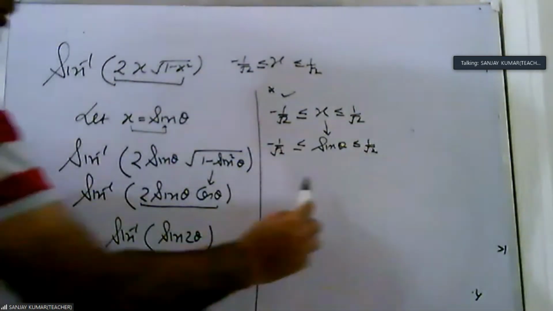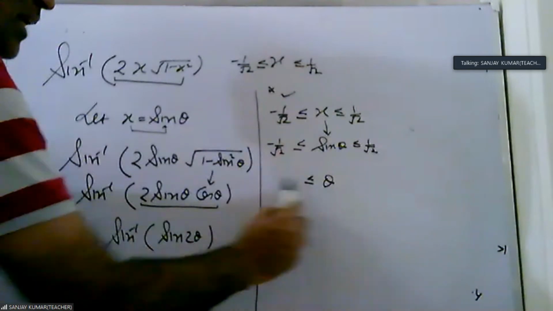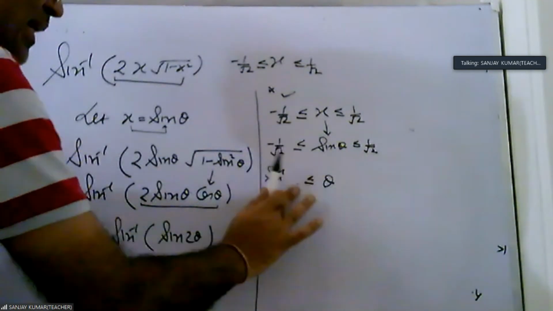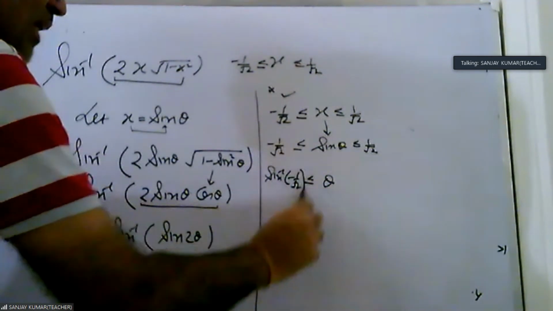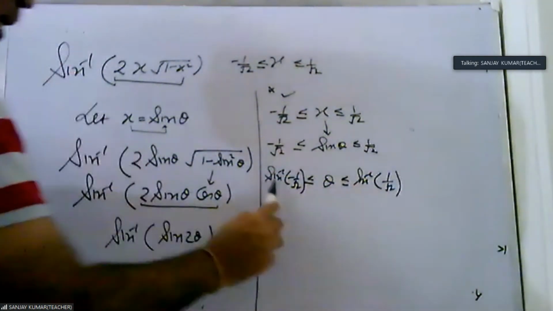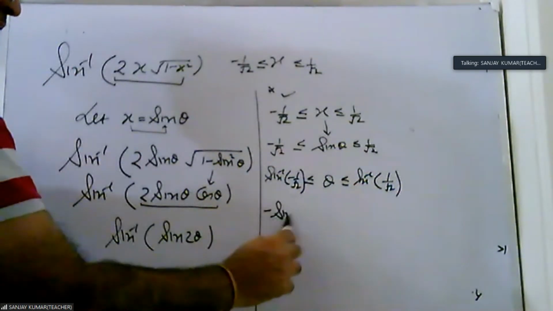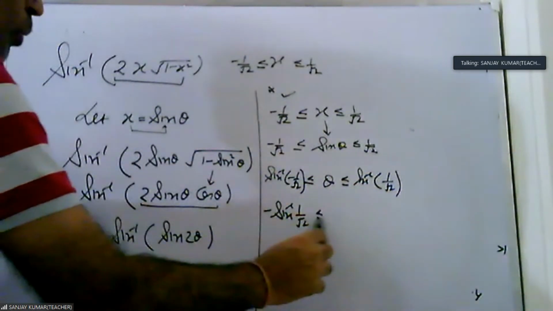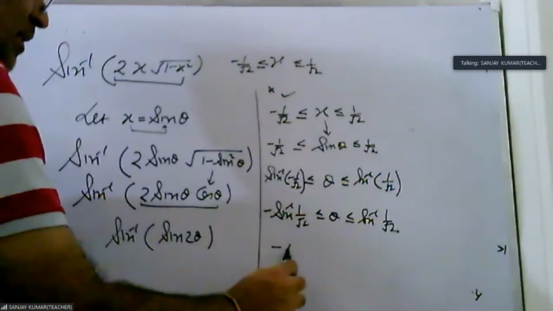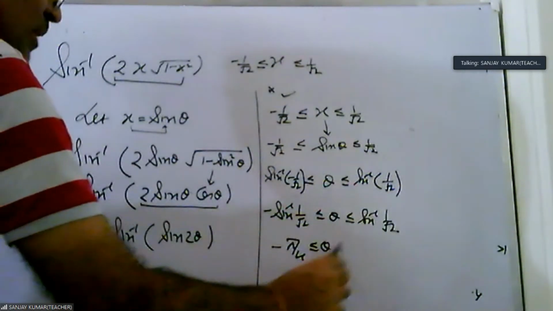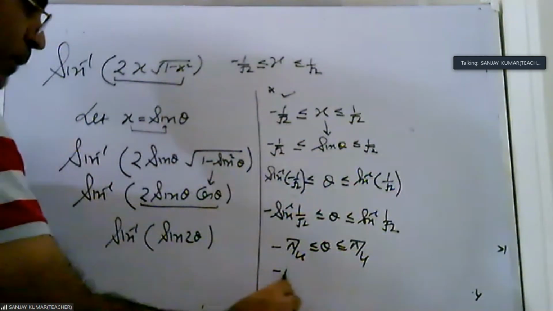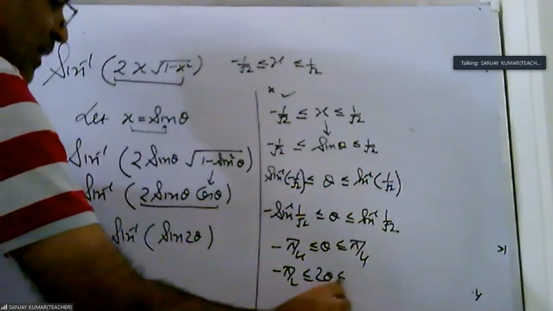Now this theta is sine inverse of minus 1 by root 2. We are taking the values of sine theta from minus 1 by root 2 to 1 by root 2, so theta goes from sine inverse of minus 1 by root 2 to sine inverse of 1 by root 2. This is minus pi by 4, this is pi by 4. Now you have 2 theta here, so we multiply both sides by 2, then we get these values.